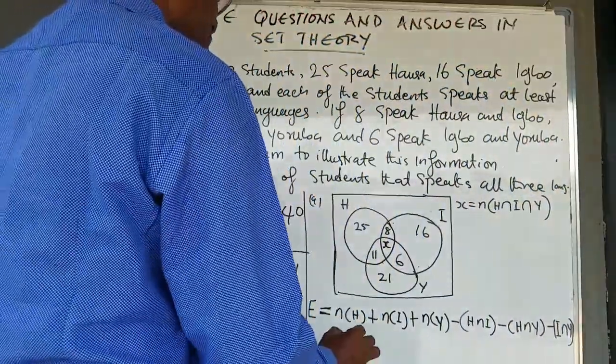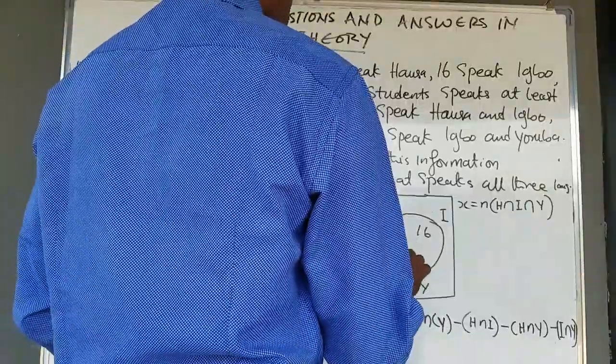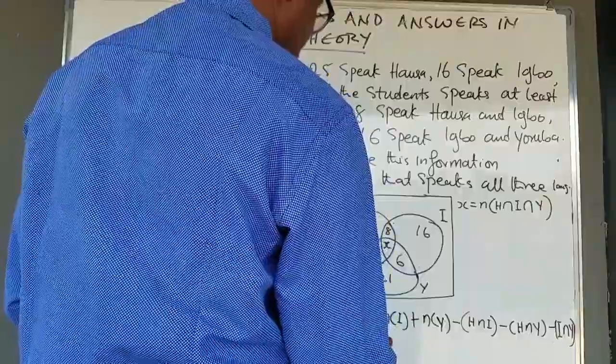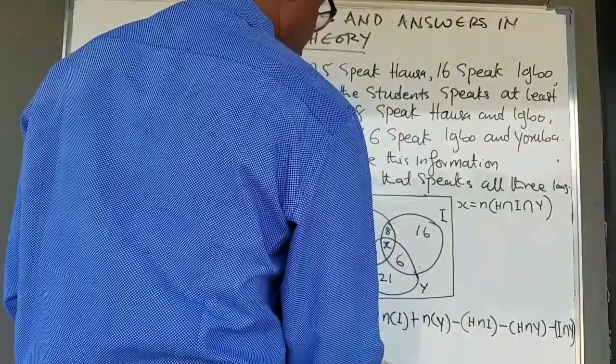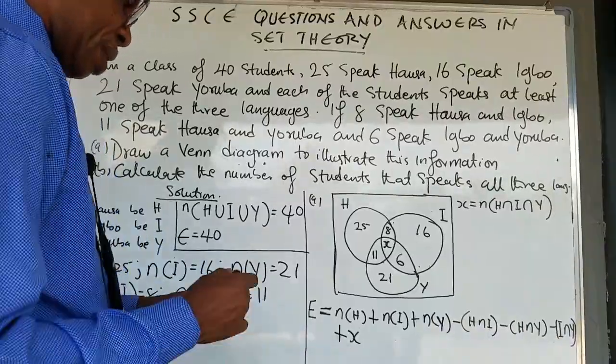And then you now add the one that speak all the languages, which is X. With this formula, you will get the value of this X. Remember what I did?